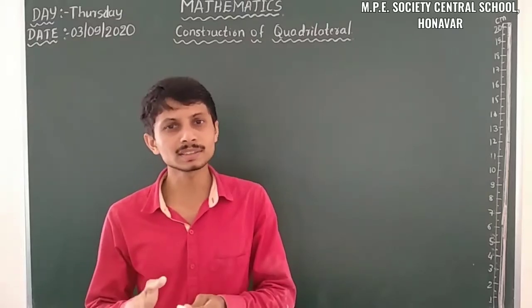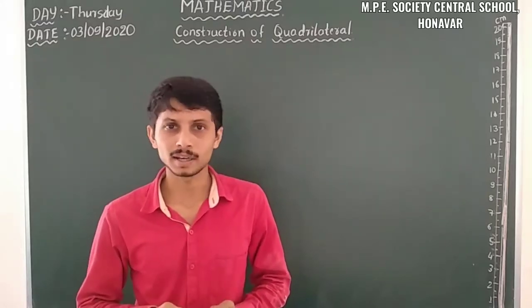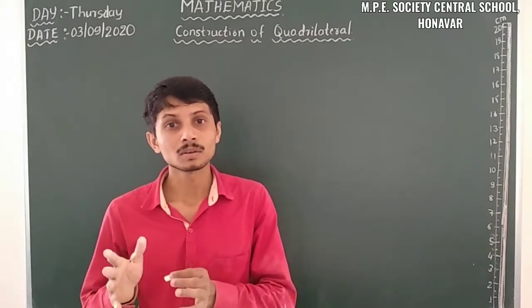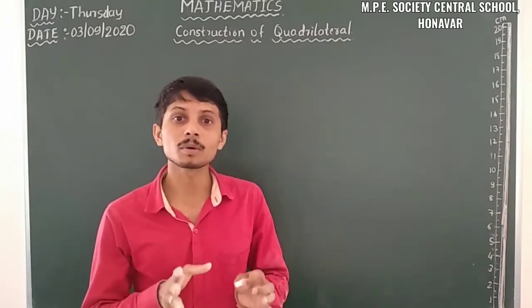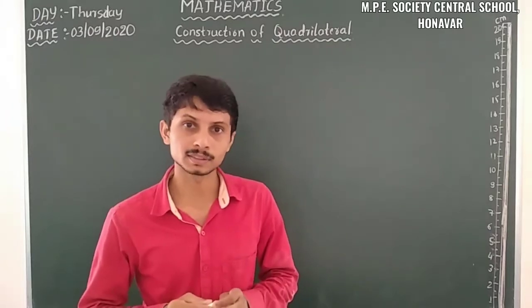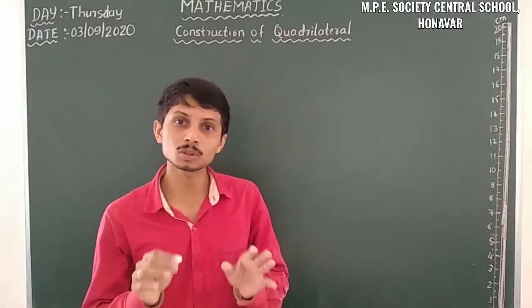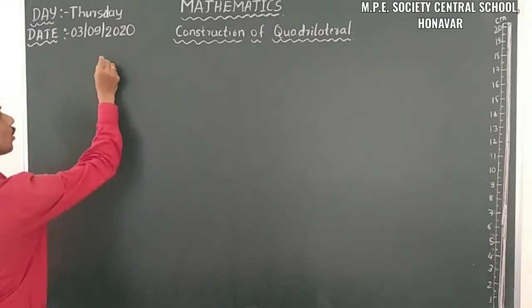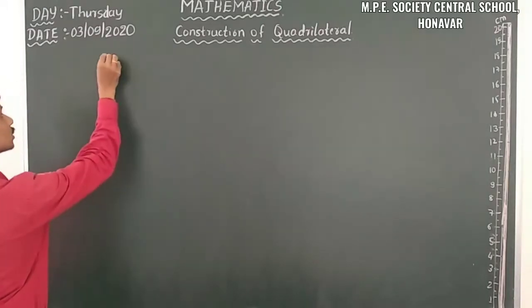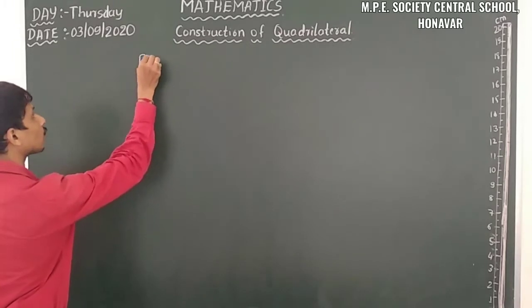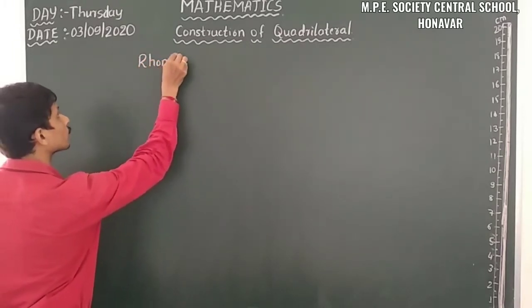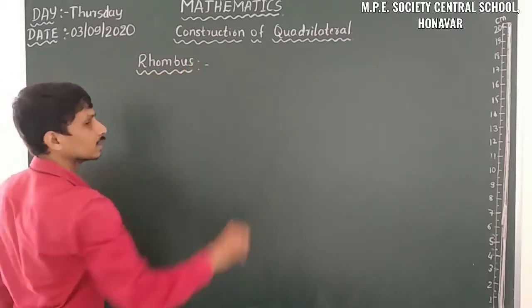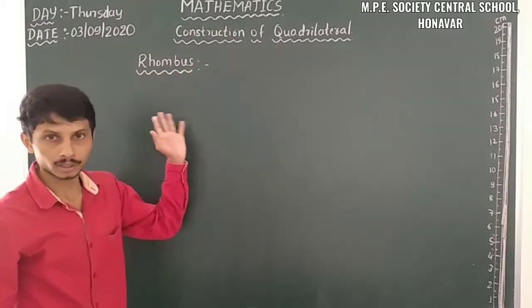A rhombus is a 4-sided quadrilateral, or 4-sided polygon, having some unique properties. So let us discuss those properties first. Before going to the construction, let me introduce the rhombus. Rhombus is a quadrilateral also.